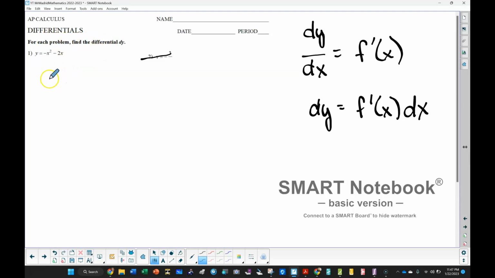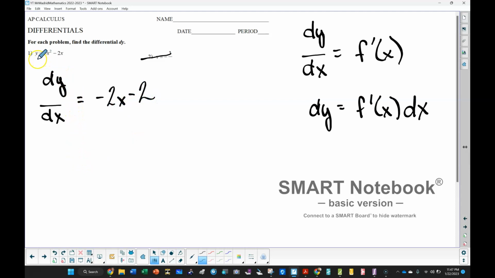Very easily, what we can do here is differentiate y in terms of x, and we know we're going to get negative 2x minus 2.